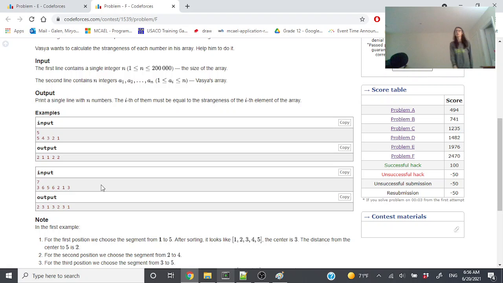So how do we factor in the number of elements? So essentially for odd counts, it really looks like an even and odd segment.